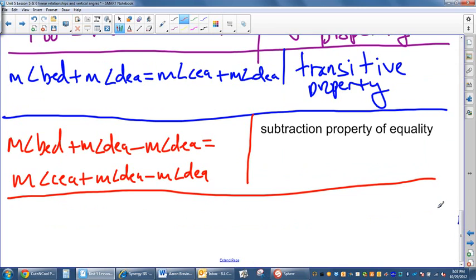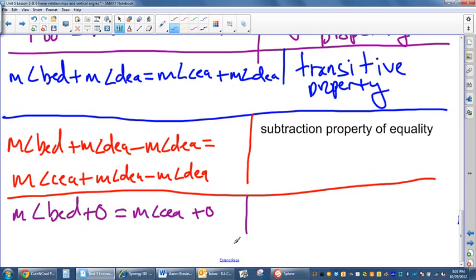So when I have the positive and negative of the exact same thing, I have plus measure of angle DEA minus measure of angle DEA. All I get is the measure of angle BED plus 0 equals the measure of angle CEA plus 0. And remember what property that is?